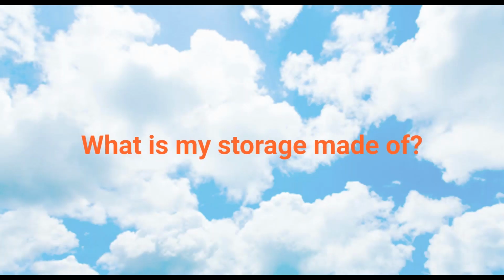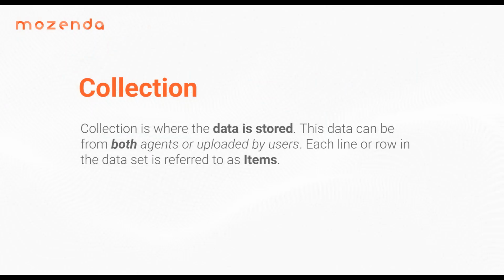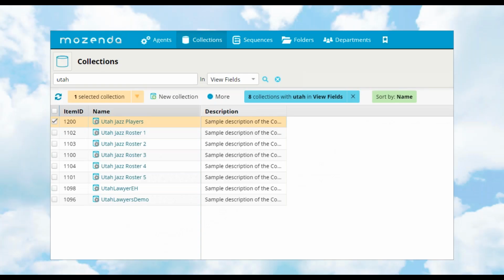So what is our storage made out of? We have our collections. A collection is where the data is stored. It can be uploaded as well as found from the agent when it's harvesting data. Each line or row of the data set is referred to as an item. Collections are kind of the basis of Mozenda. Collections are where your textual data is stored.